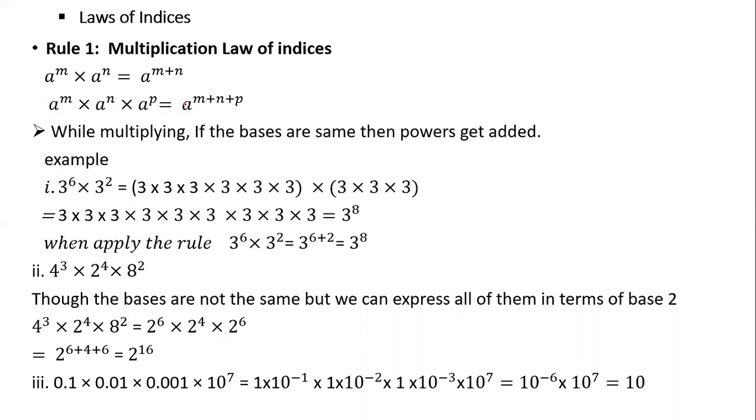So we have a power m plus n plus p. Multiplication normally goes with addition. So when the numbers are multiplied with the same base, we just take one of the bases and just add the powers.